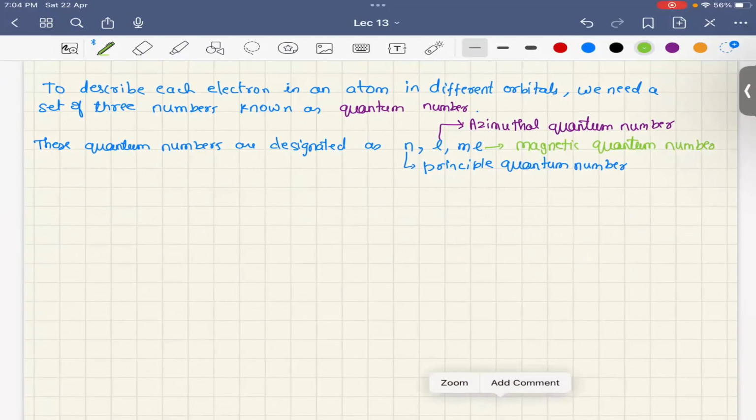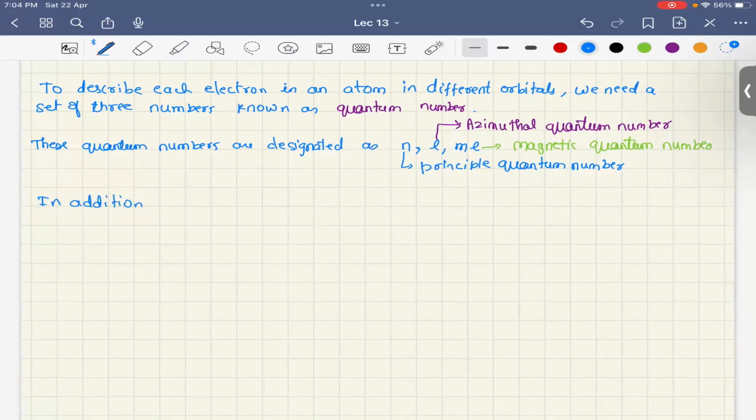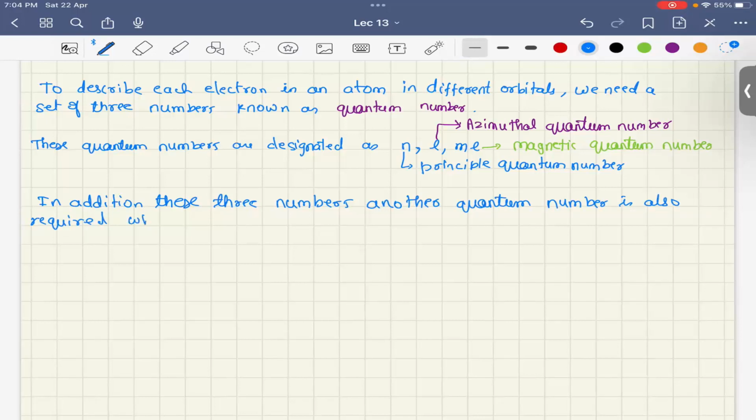In addition to these three quantum numbers, another quantum number is also required, which specifies the spin of an electron.